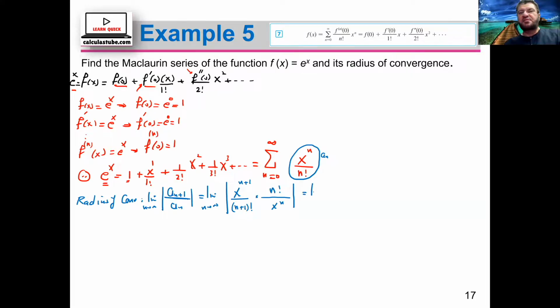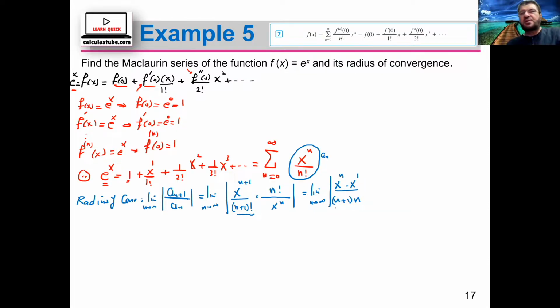Now we expand the first term. So this is the limit as n goes to infinity of what? X to the n plus 1 can be split into x to the n times x to the 1, isn't it? Divided by n plus 1 factorial. Let's look at this term, guys. What's the first term? I know it's n plus 1. Now reduce it by 1. What am I left with? With n. Do I have to say then n minus 1?